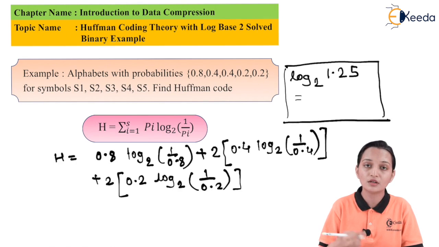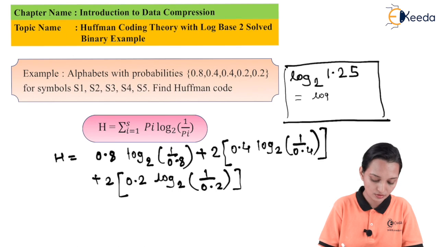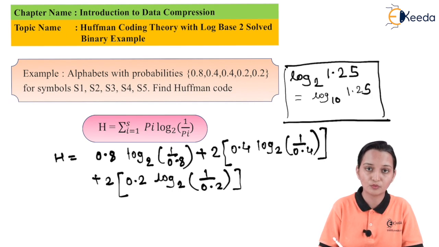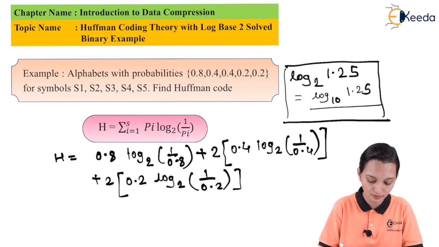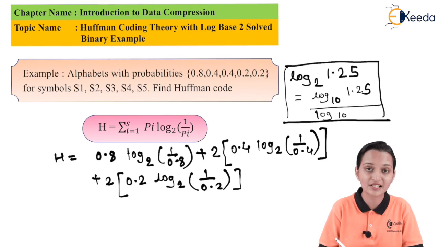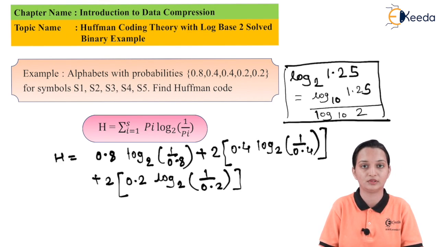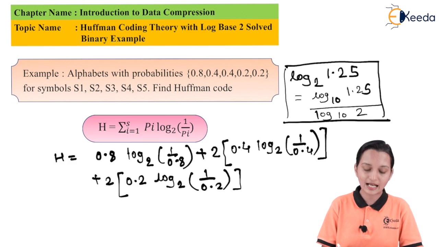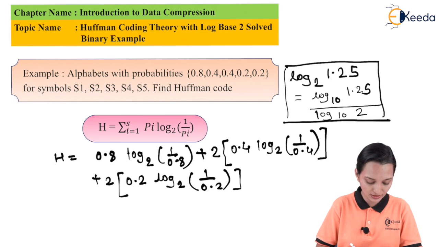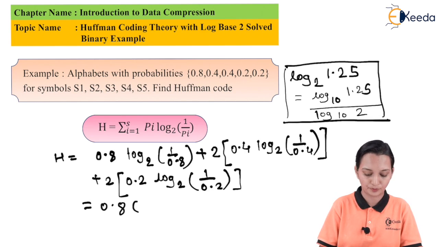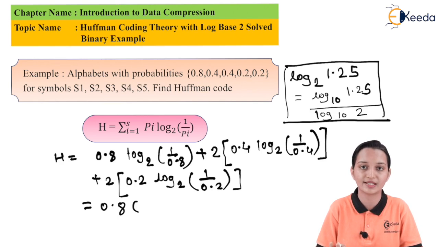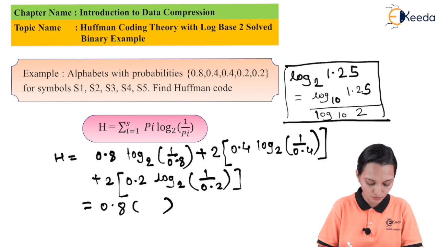So convert log base 2 into log base 10. Your answer is log 1.25 divided by log 2, both base 10. This you can easily calculate on your calculator and write down that particular answer over here.